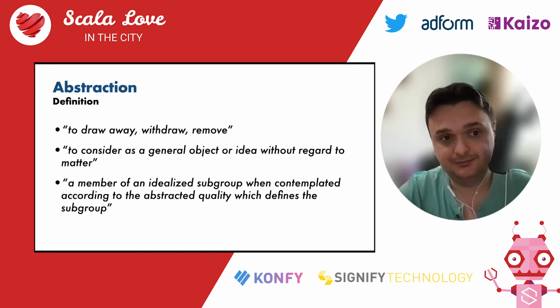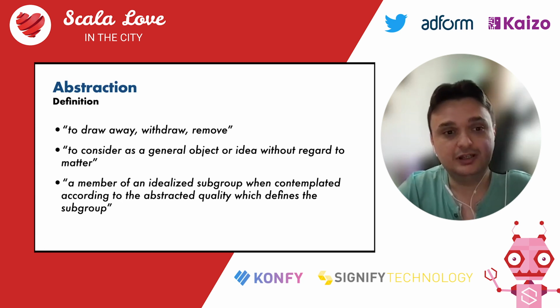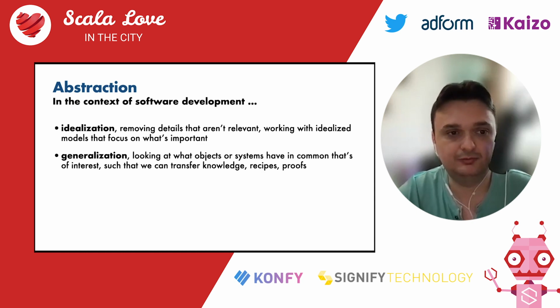So abstraction, let's try to give a definition like in all good presentations. To draw away, withdraw, remove, and this would be like the Latin origin, I think. To consider as a general object or idea without regard to matter, a member of an idealized subgroup, and contemplate it according to the abstracted quality which defines the subgroup. Or in the case of software development, we basically speak about idealization.